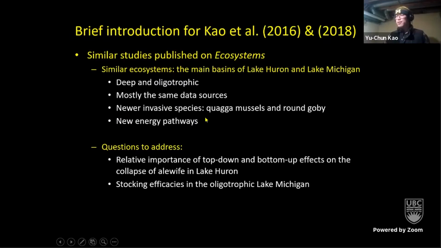They are experiencing the same invasive species that created a new energy pathway. The questions to address were the top-down and bottom-up effects on the collapse of alewives, which you saw at the beginning of the presentation in Lake Huron, and the stocking effects in Lake Michigan.